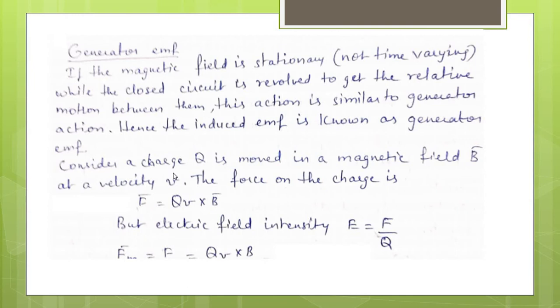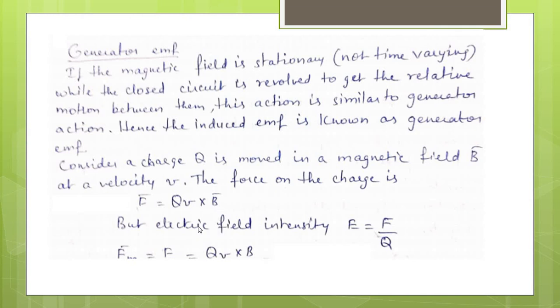Here we will consider a charge Q which is moved in a magnetic field B, and the charge is moving at a velocity of V. We can write the expression for the force on the charge as F is equal to Q into V cross B. Here Q is the charge, V is the velocity of the moving charge and B is the magnetic field.